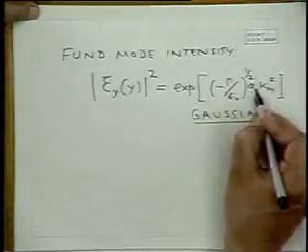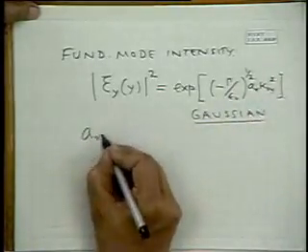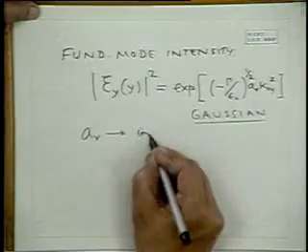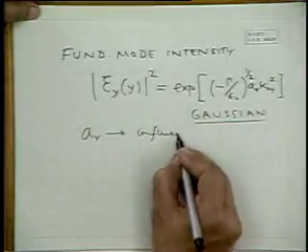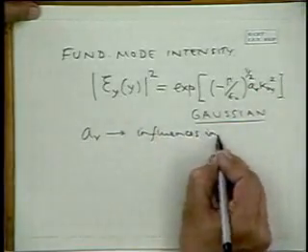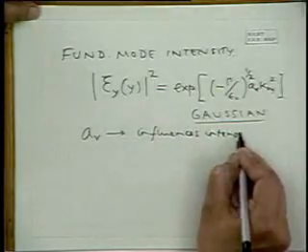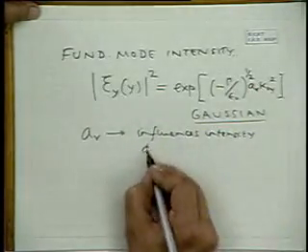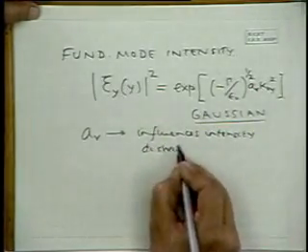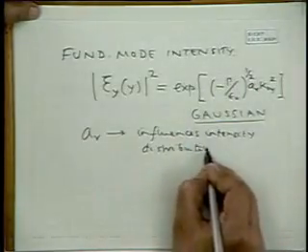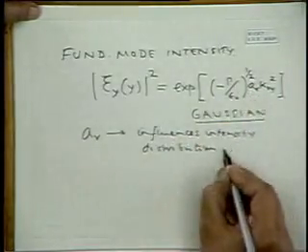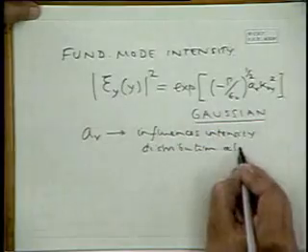Notice that this a influences the intensity distribution along y, because after all a varies along y.